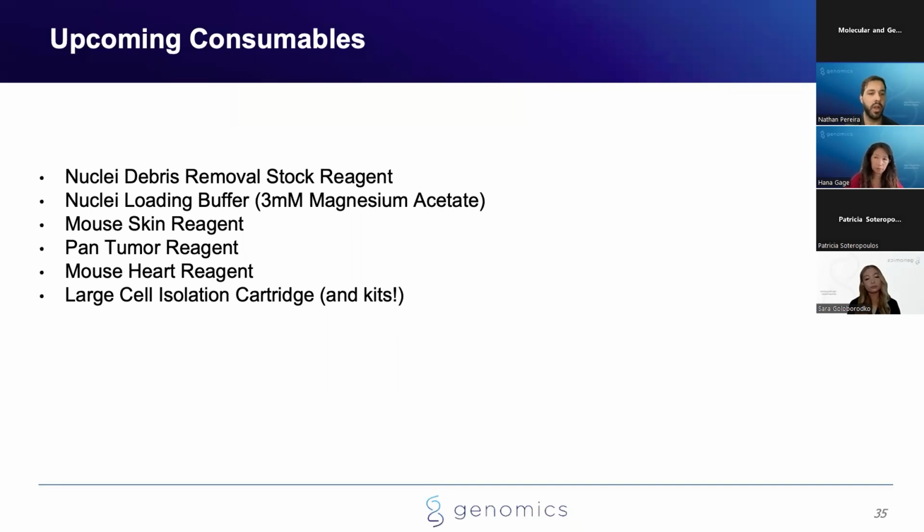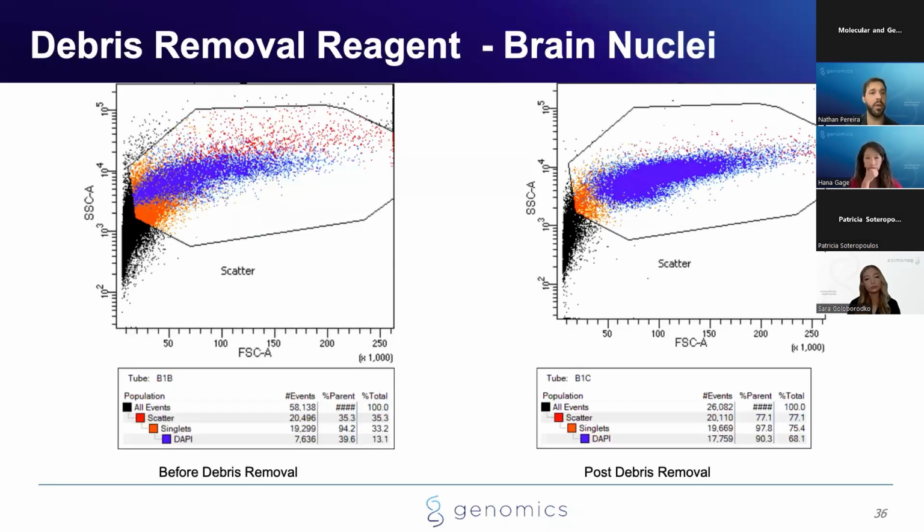And then we're releasing a couple more protocols and reagents for different types of tissues, and that'll be skin, a tumor, and a heart isolation protocol. And then we're also releasing a large cell isolation cartridge, mostly for the isolation of heart cardiomyocytes, which can be up to 150 microns across.